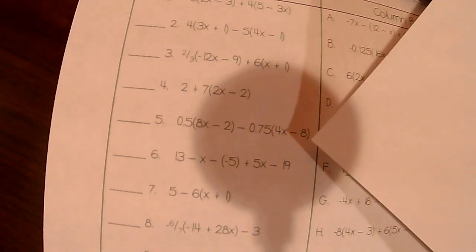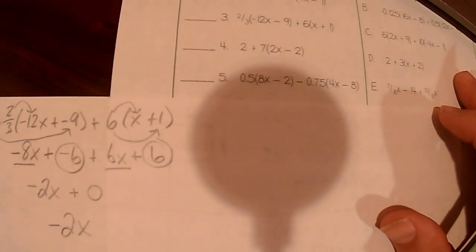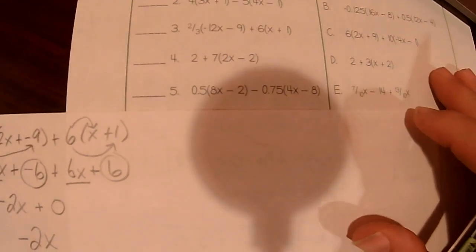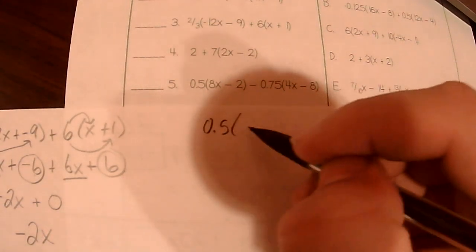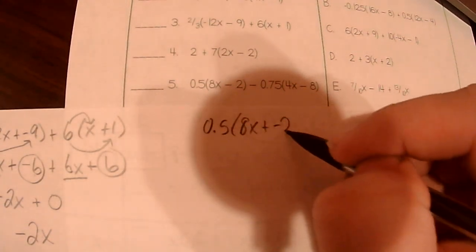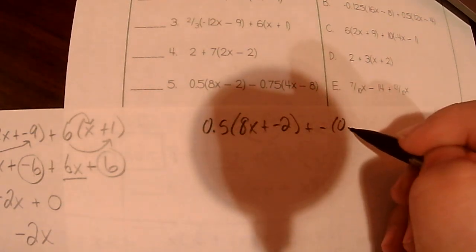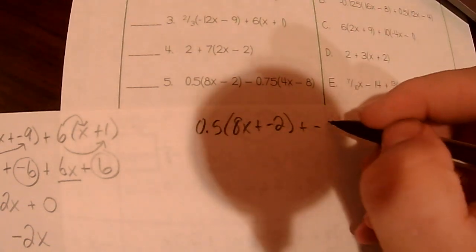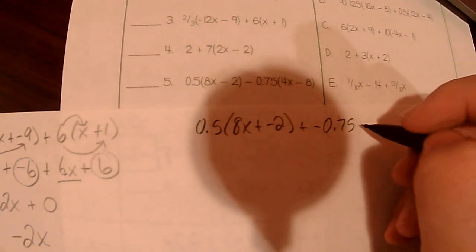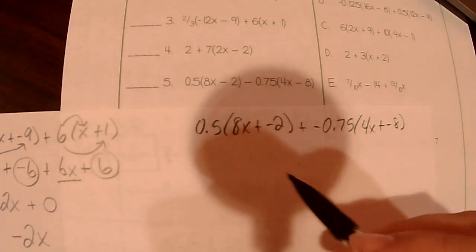Okay. Number 5. I have 0.5 times 8x plus negative 2 plus negative, oh, sorry, writing stuff down wrong, 0.75 times 4x plus negative 8.